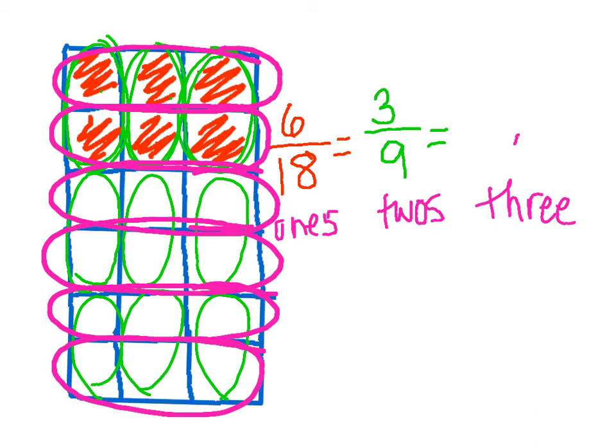Sometimes it helps to just count right as you go. 6 groups of 3. And how many of my groups of 3 are shaded? If you said 6, that's not right because we're not thinking of them as little parts anymore. So it would be 2. See, 2 groups have shading, 4 groups don't. So 2/6. Now I see that 6/18 is the same as 3/9, which is the same as 2/6.